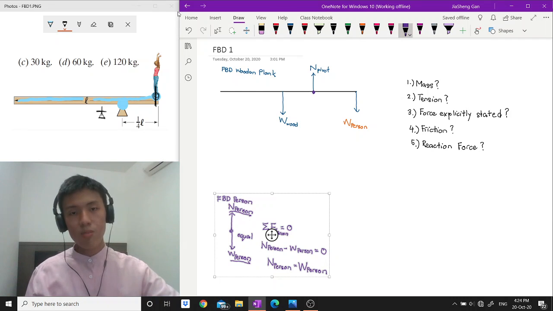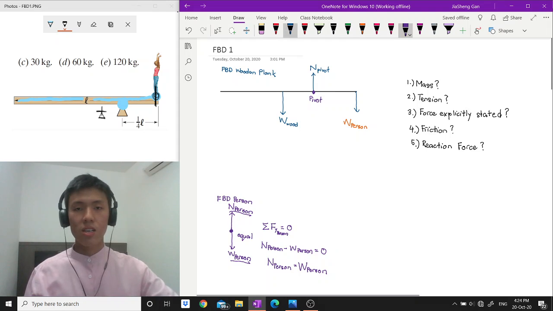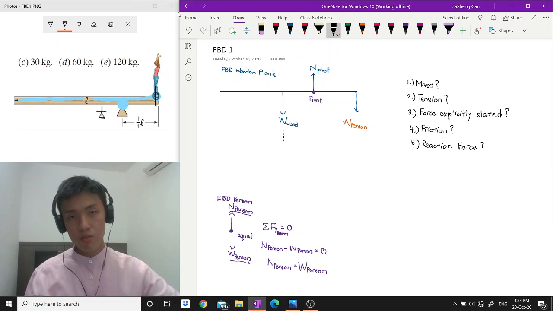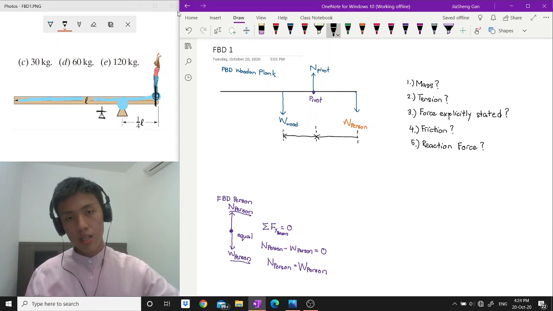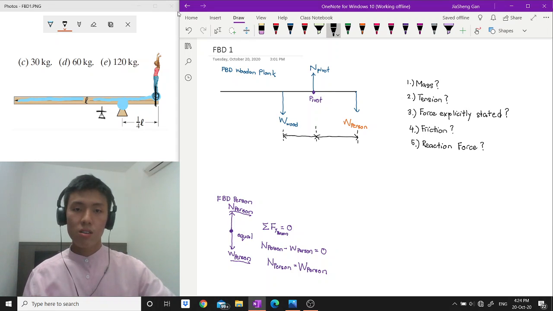It's visible for us to call a pivot here. If the pivot is here, then we usually measure our length with respect to the pivot. So you can do something like this. Then you can label this. Basically that's enough already.